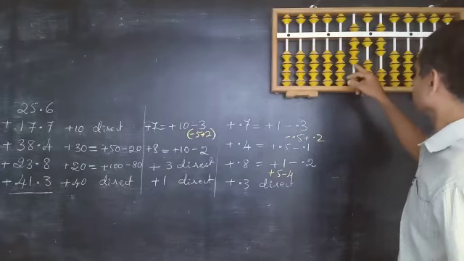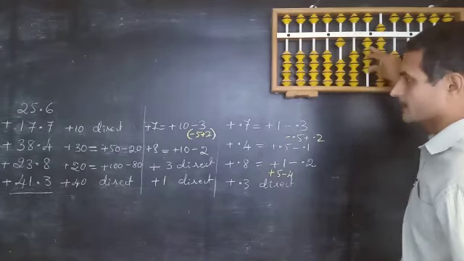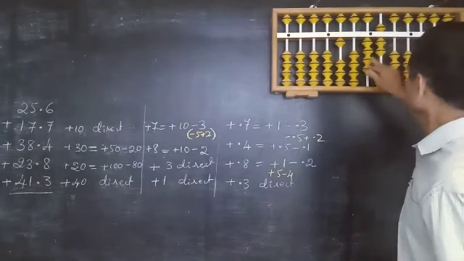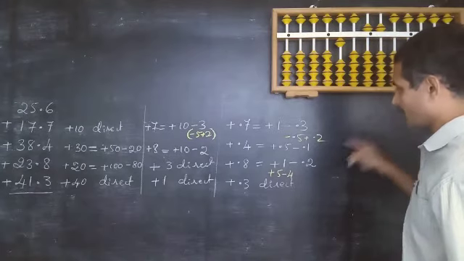Plus 23.8, plus 20 equals plus 100 minus 80, plus 3 direct, plus 0.8 equals plus 1 minus 0.2, plus 1 equals plus 5 minus 4, minus 0.2.